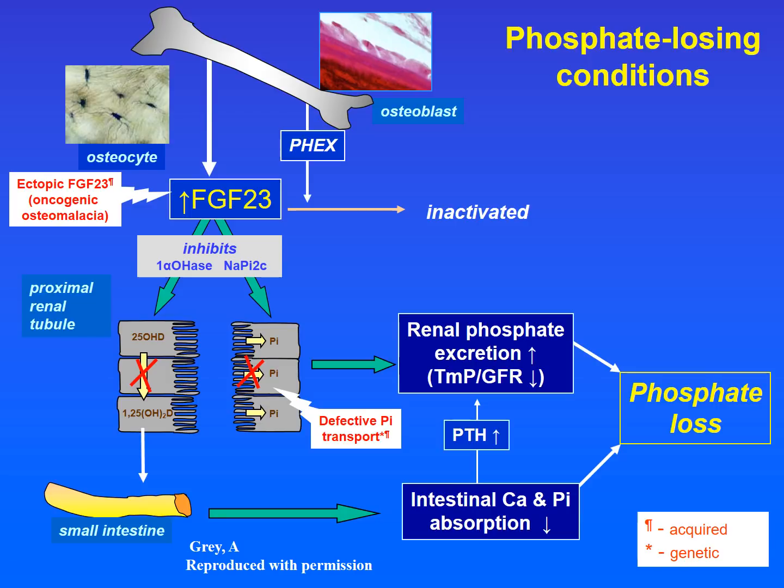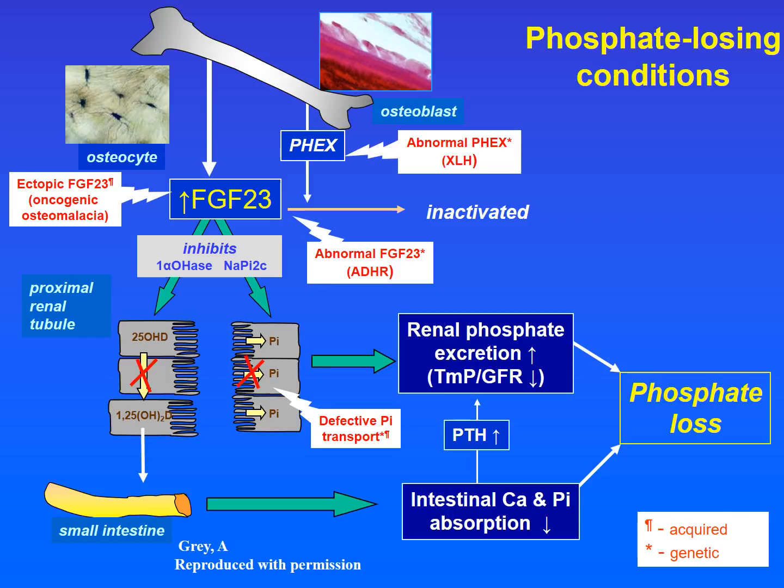We mentioned the PHEX enzyme, which is mutated and inactivated in X-linked hypophosphatemia, an inherited condition leading to impaired catabolism of FGF23, so levels are high and hypophosphatemia ensues.